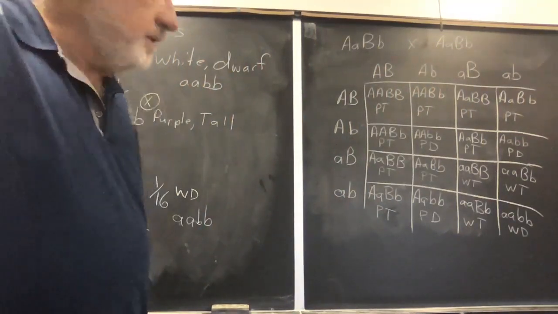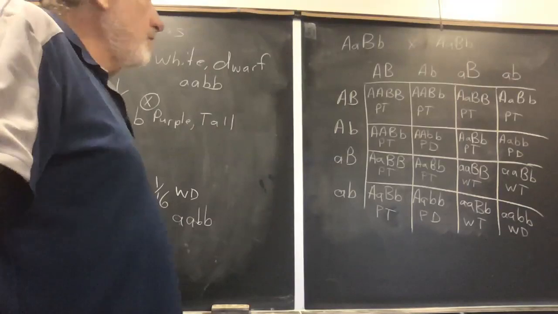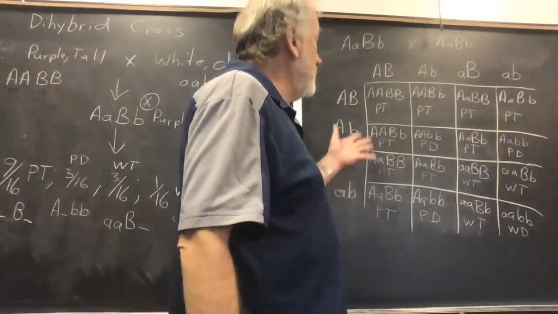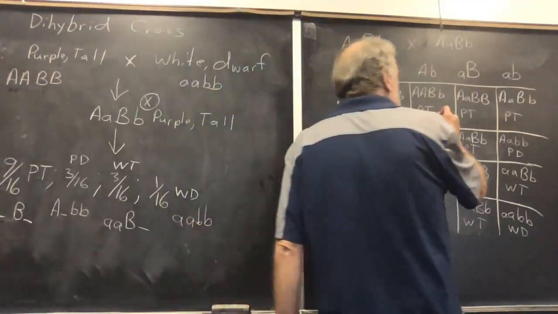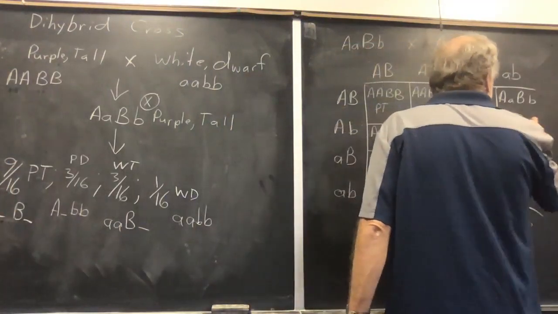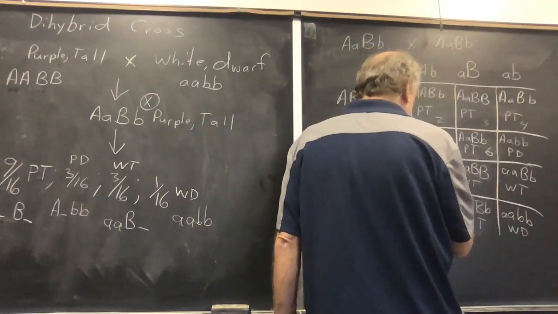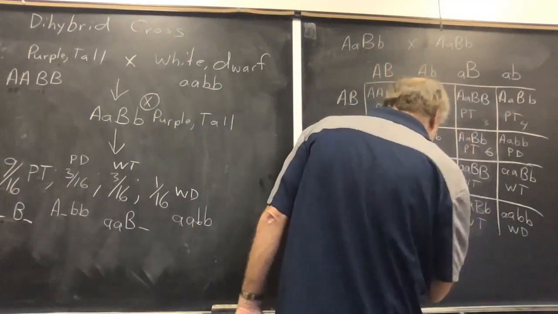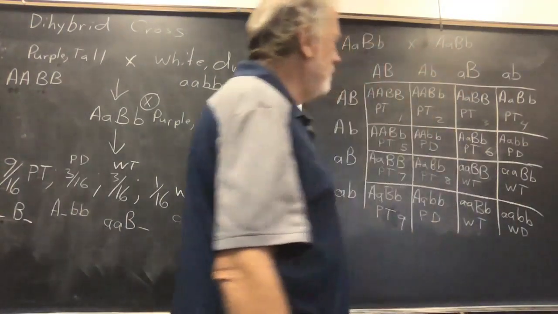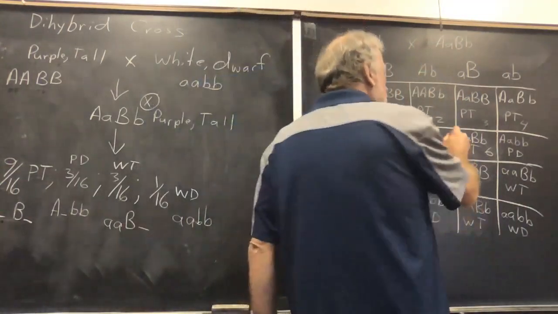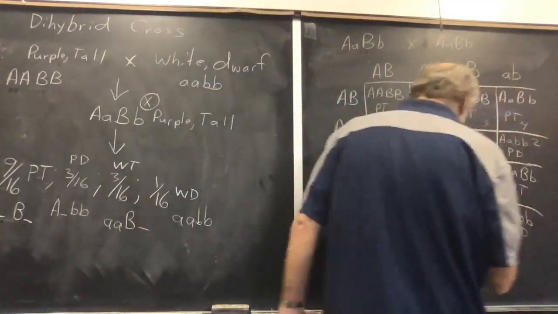Now if we count them up, you can see where we get this 9-3-3-1 ratio. So it should be 9 purple talls. 1, 2, 3, 4, 5, 6, 7, 8, 9. Should be 3 purple dwarfs. 1, 2, 3.